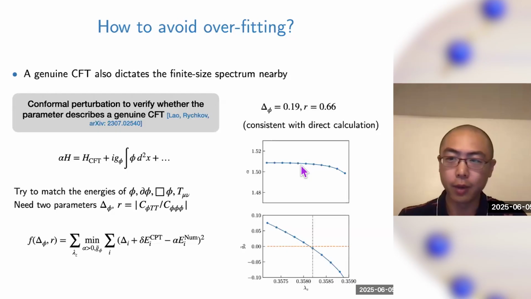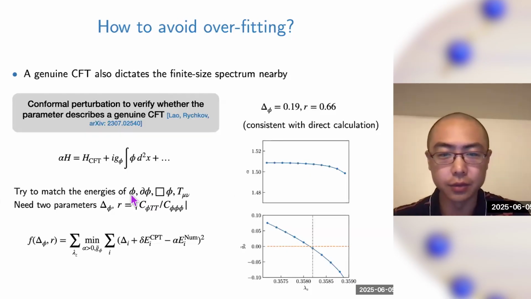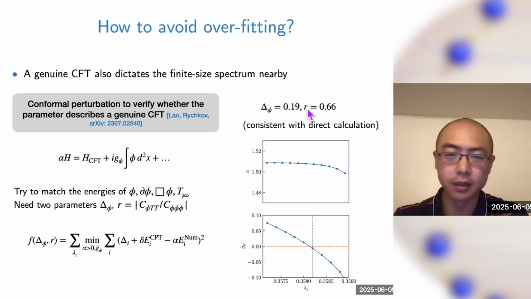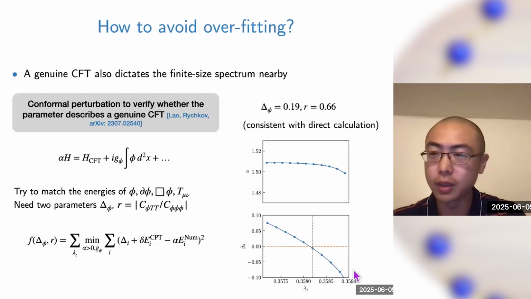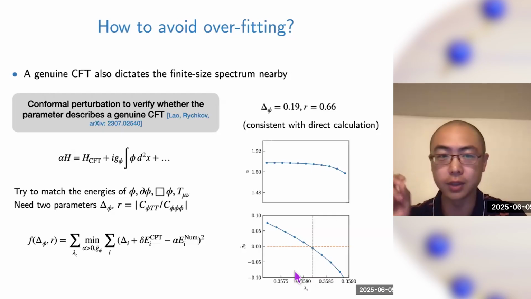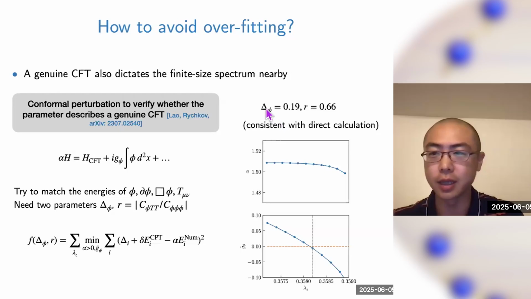One side comment is about what states you choose here. For this Delta_phi and r, if you choose different states and different windows for the lambda_z to do this sanity check, you will get a slightly different answer for Delta_phi and r.